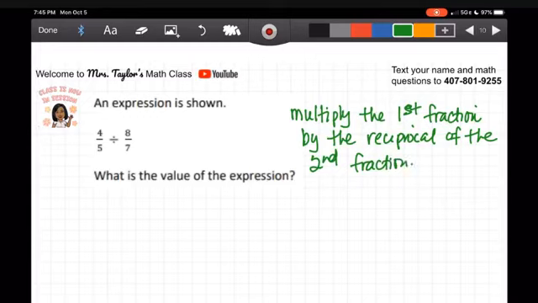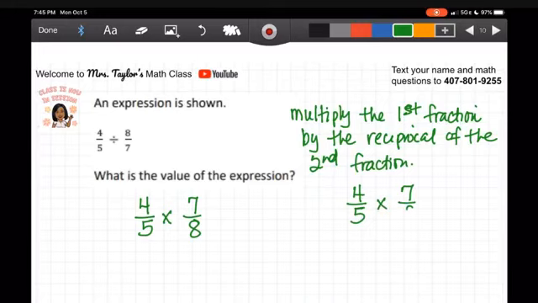Reciprocal means to basically switch the denominator with the numerator and numerator with the denominator. So you're flipping it. So I'm going to rewrite this as 4 over 5 times 7 over 8. Now, again, like I said, I like to simplify my factors. But I'll do it 2 different ways. Let's write this twice.